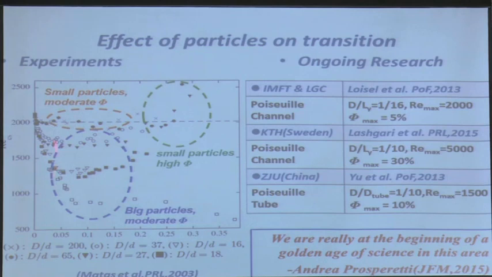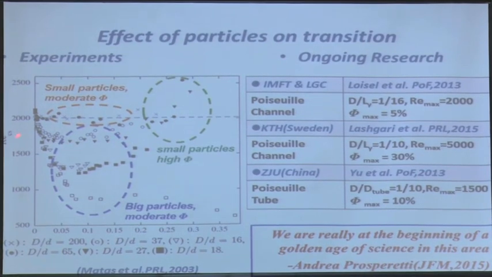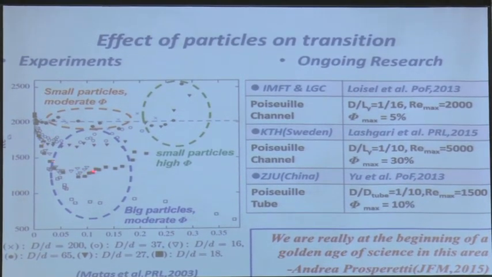Depending on the size of the particle and the concentration, sometimes you have a delay of the onset of turbulence, above 2000, and sometimes you have an enhancement of turbulence, so the critical Reynolds number is below 2000. You can decrease by a factor of 2, from 2000 to 1000, if you seed the pipe with particles. But the response is non-universal because it could be below or above the single-phase turbulent Reynolds number.